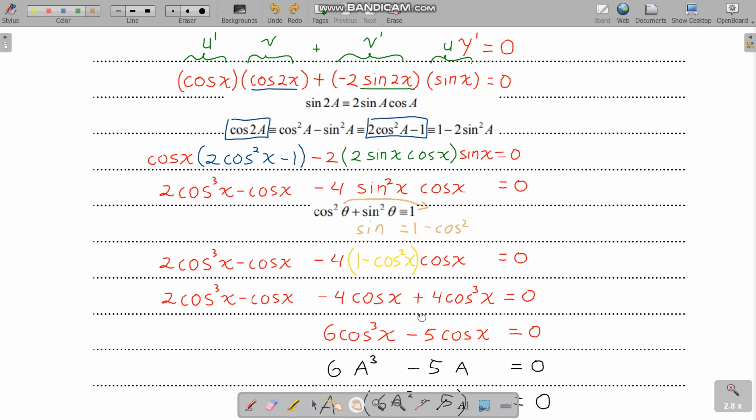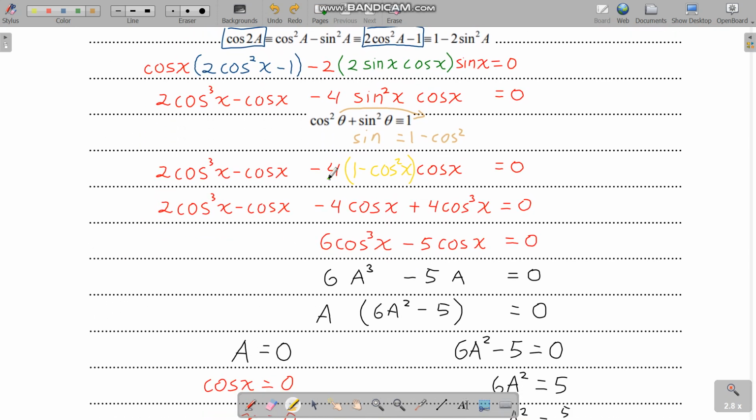So now we multiply minus 4 times 1 times cos, minus 4 cos, minus 4 times minus cos squared times cos, plus 4 cos cubed. Now we have 2 plus 4, which is 6, and minus 1 minus 4, which is minus 5.